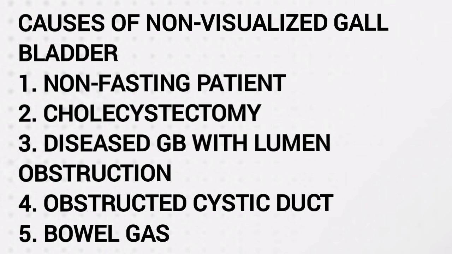Later, a mucocele or hydropic gallbladder will develop, but in this case, the patient may not be jaundiced. Gas in the vicinity of the gallbladder, in the duodenum or hepatic flexure of the colon, can cause non-visualization of the gallbladder.